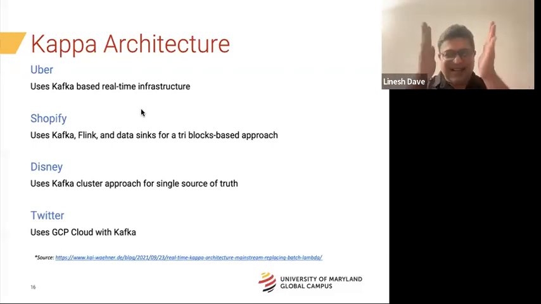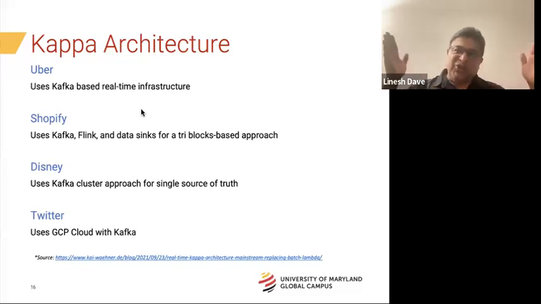When I say single, it doesn't mean a single machine, but a huge cluster. They store all the data, and any department that needs this data, they just give it to them from this single cluster. So that's how powerful.